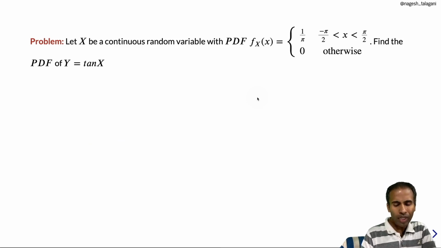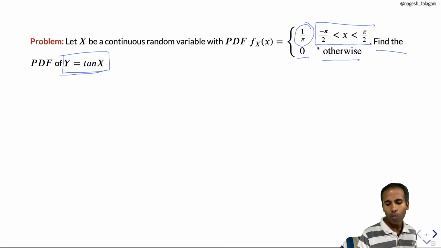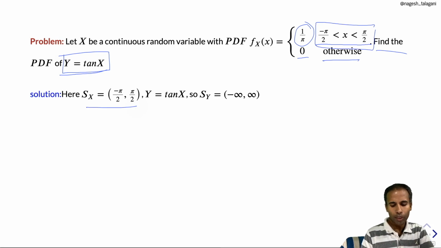Problem. Let X be a continuous random variable with a PDF f(x) equal to 1 by pi for minus pi by 2 less than x less than pi by 2, 0 otherwise. Then find the PDF of Y equal to tan X. Here our transformation is Y equal to tan X. First of all, we can see that the support of X is the open interval minus pi by 2 to pi by 2.